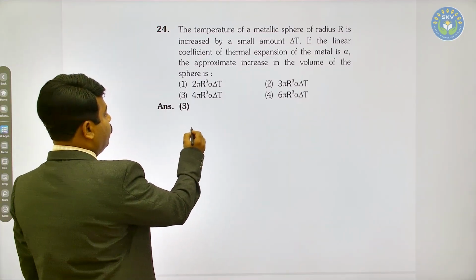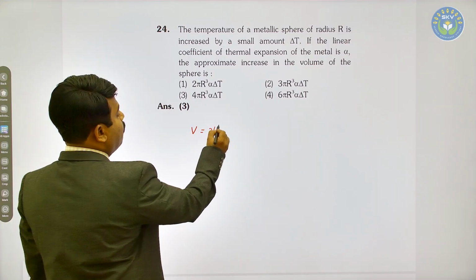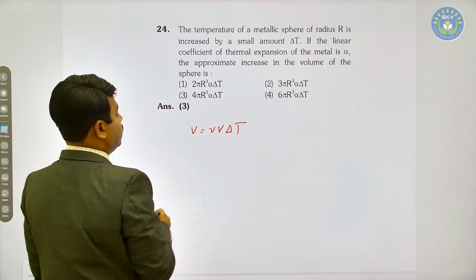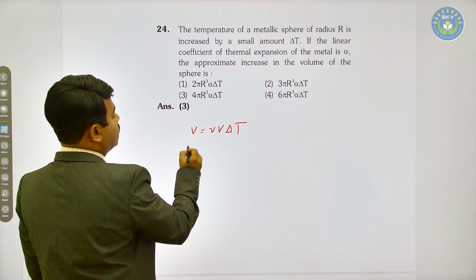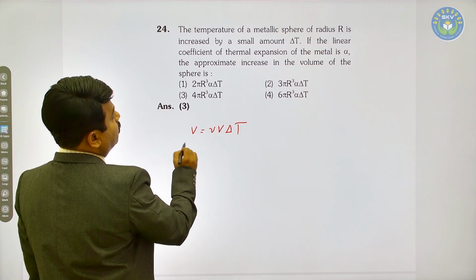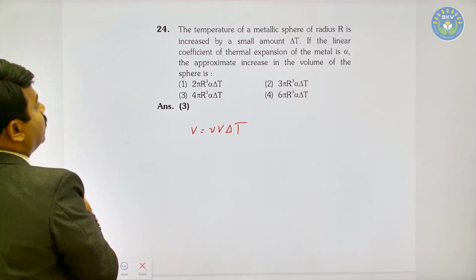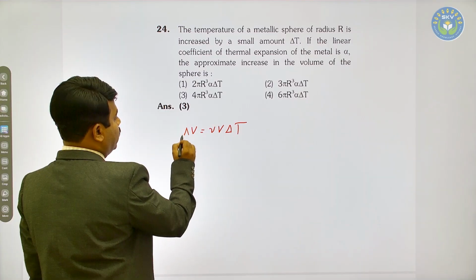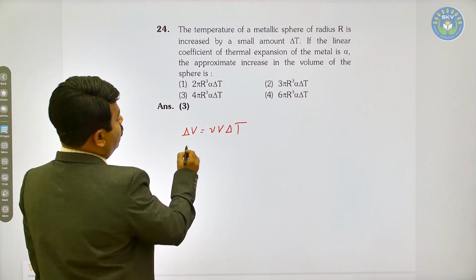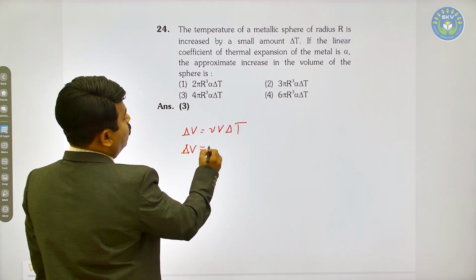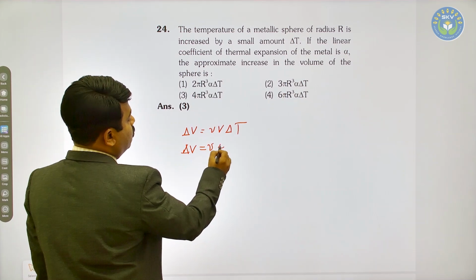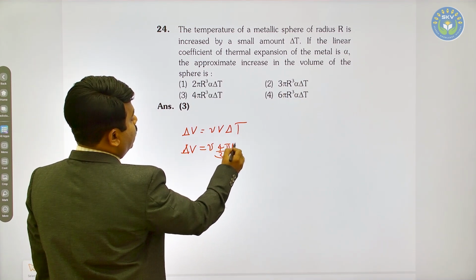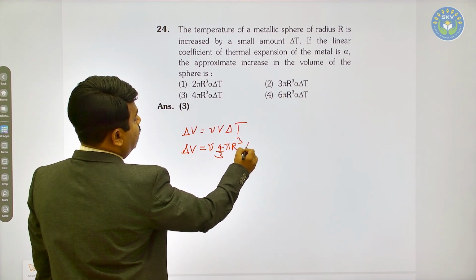That is delta V is equal to gamma V delta T, right? But we know gamma is 3 alpha, right? So we need to find the approximate increase, this is delta V only. Delta V is equal to gamma into what is volume? 4 by 3 pi r cube delta T.